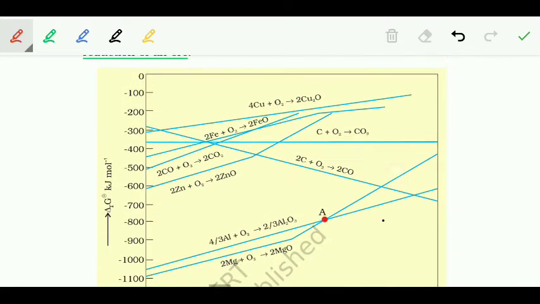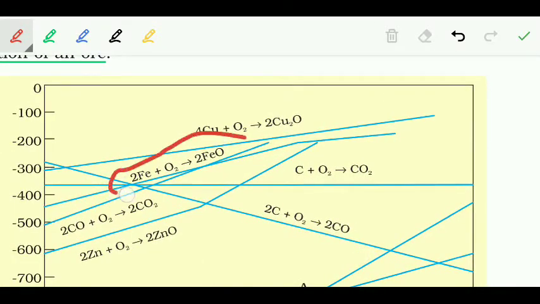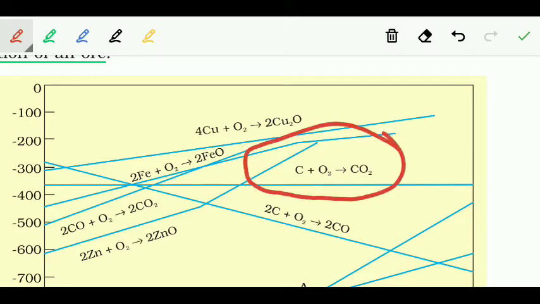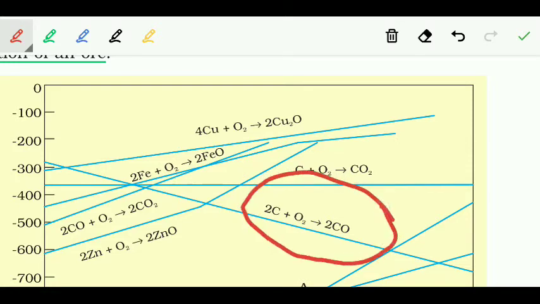The graph basically shows oxidation reactions. See over here we have copper and oxygen, which produce copper oxide. Again we have many kinds of reactions, but they are all oxidation reactions. Here you should focus on two main reactions. One is the oxidation of carbon to give carbon dioxide, and the other is the oxidation of carbon to give carbon monoxide.